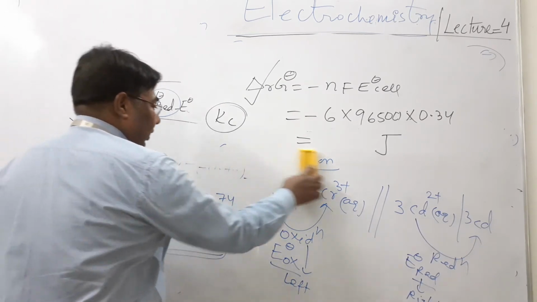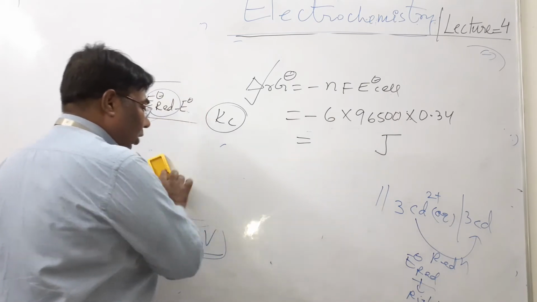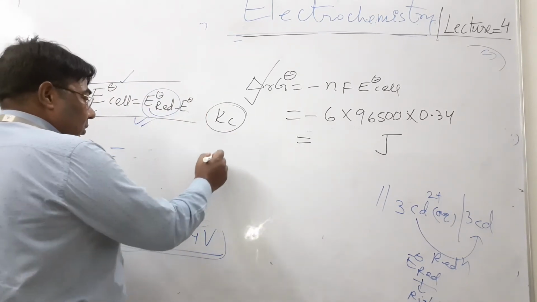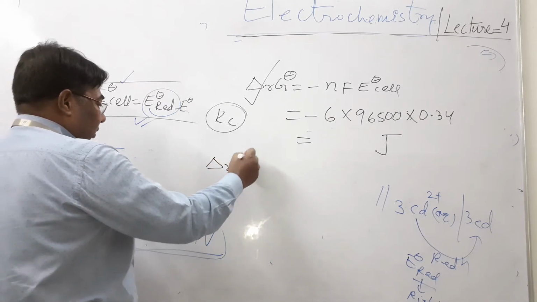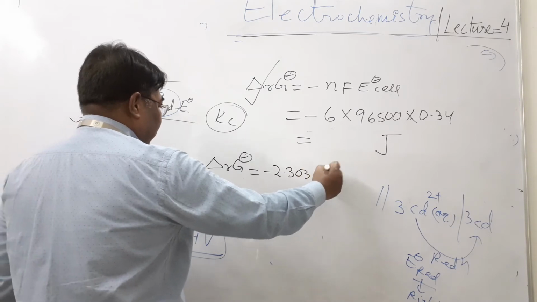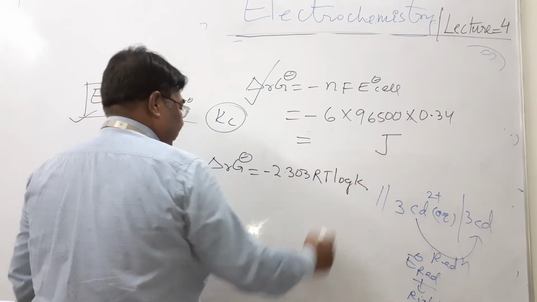So for Kc you apply a formula, which is del G naught is equal to minus 2.303 RT log Kc.